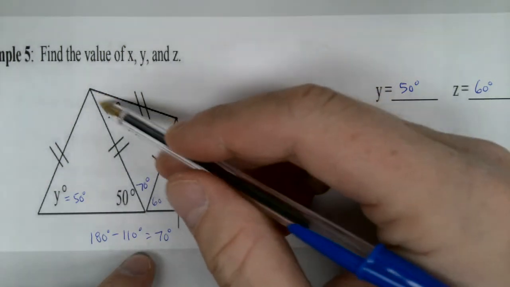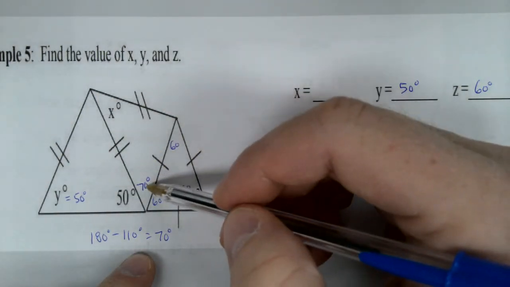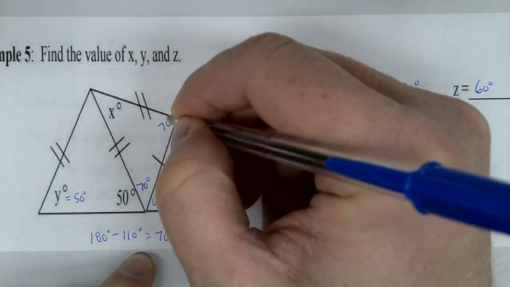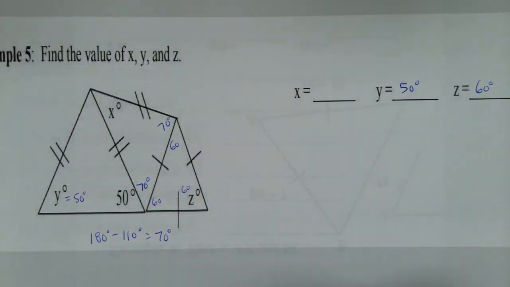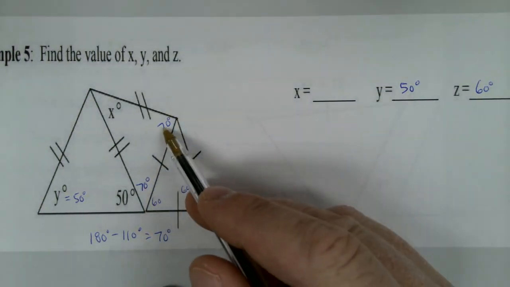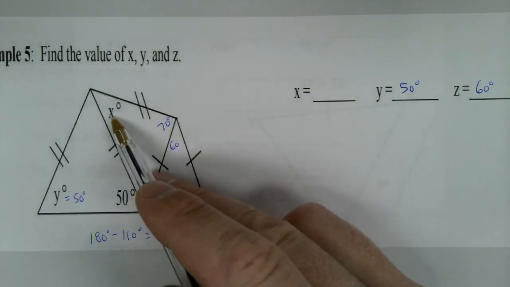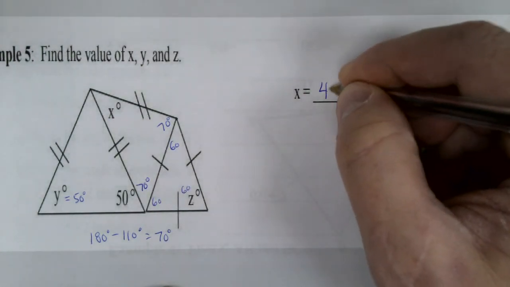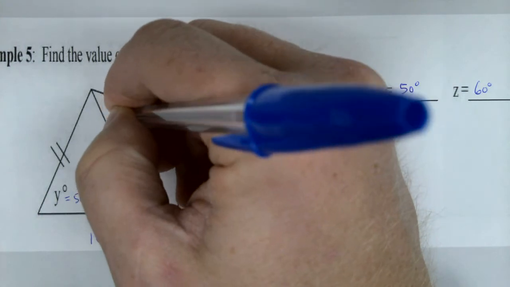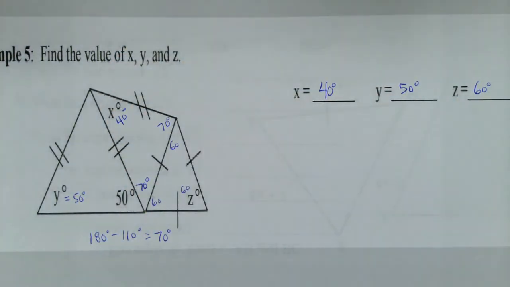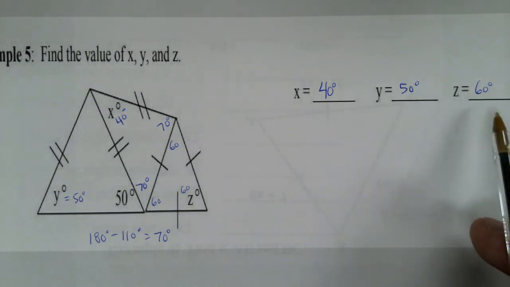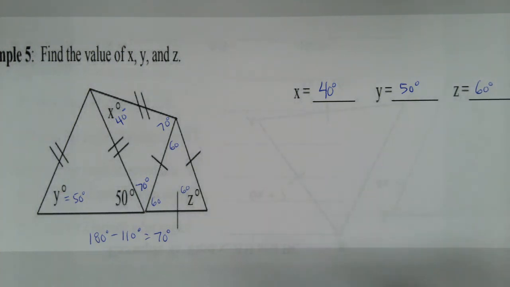Well, again, this triangle here is isosceles, so if this is 70, this is 70. And then 70 and 70 is 140, so this angle here has to be 40. All three of those angles add up to 180. So 40, 50, and 60 would have been your three values there for that one.